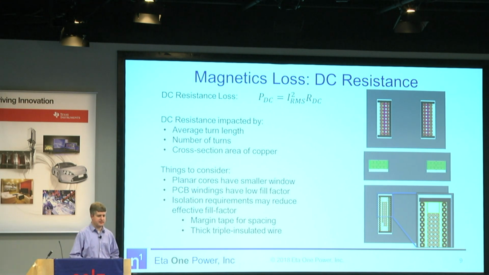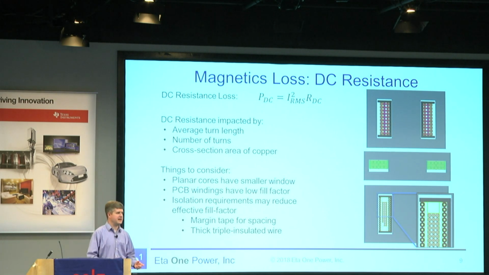But the thing you have to consider is because it's so short, you have a very small window. And not only do you have a small window, if you put a PCB in there, most of that PCB is actually fiberglass and not copper. So you get very little copper. So your DC resistance can be much higher. Of course, you get some other advantages when we get into AC losses, but your DC losses put you at a disadvantage initially, at least.